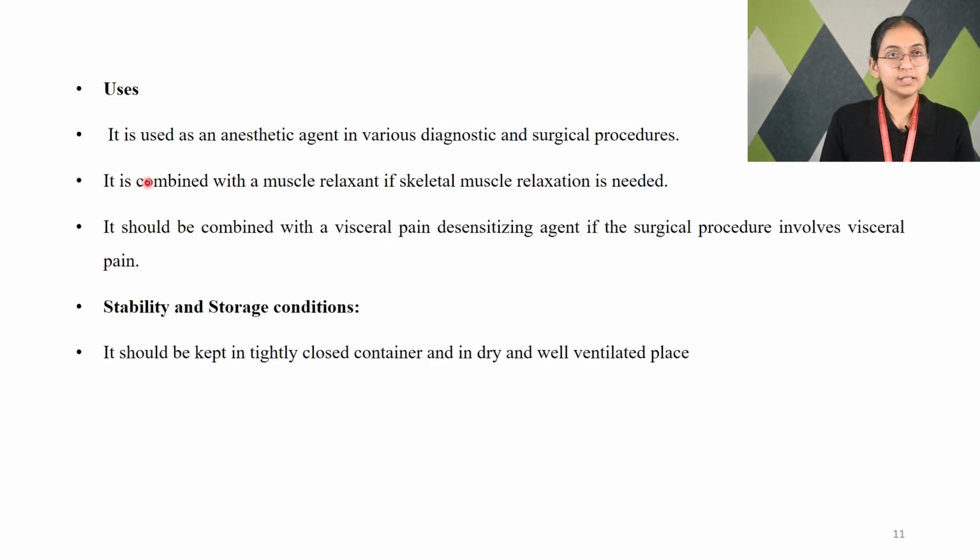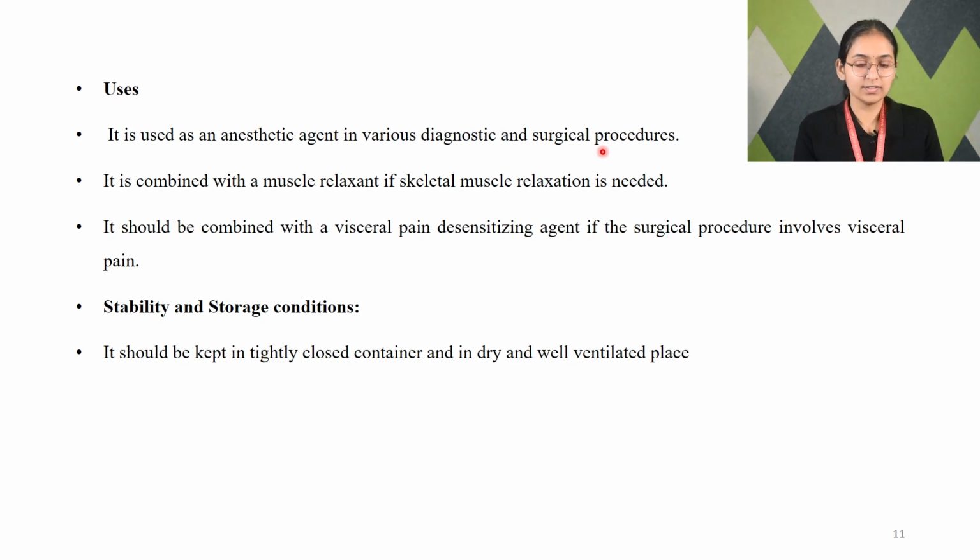The uses of this is it is used as an anesthetic agent in the various diagnostic and the surgical procedures. As we are studying this agent under the anesthetics, it is useful for giving the anesthesia in the surgical procedures.